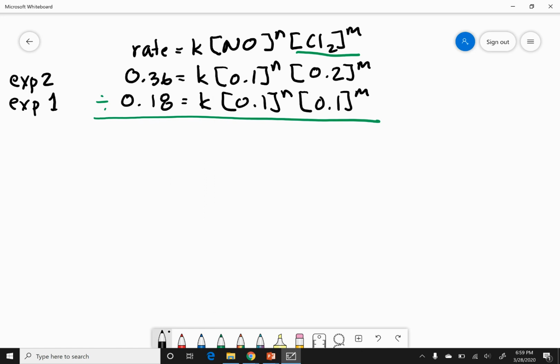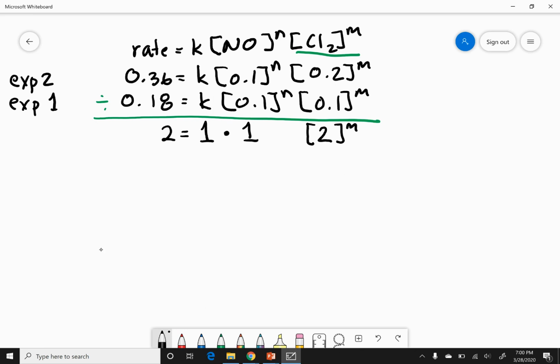So let's go ahead and divide these two things. 0.36 divided by 0.18, that's going to be 2. K divided by K is 1. So 0.1 raised to the N divided by 0.1 raised to the N is 1. And then finally, on this block right here, 0.2 divided by 0.1 is 2 raised to the nth power.